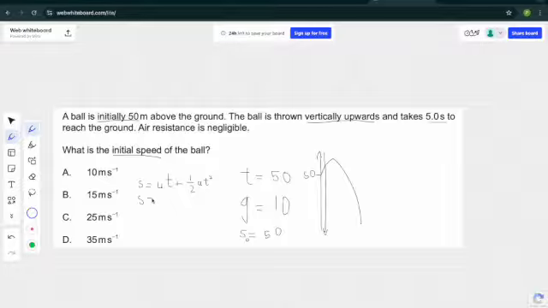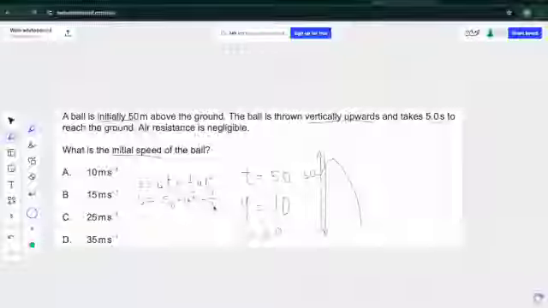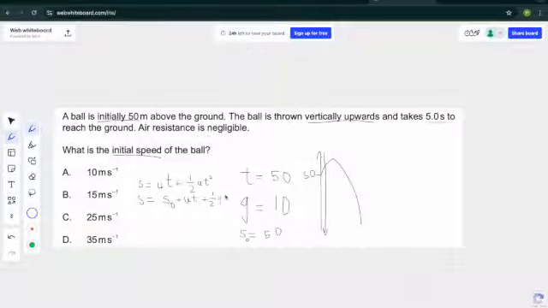And we'll say s is equal to s0 plus ut plus half at squared. Like that. So what I've done here is basically split this distance s into two parts, s0, which is this 50 right here, and s, which is the rest of it.